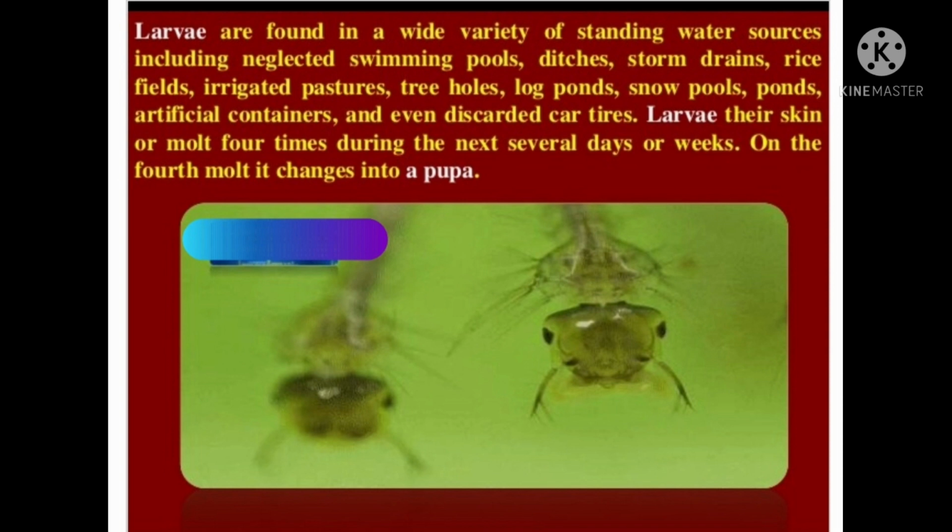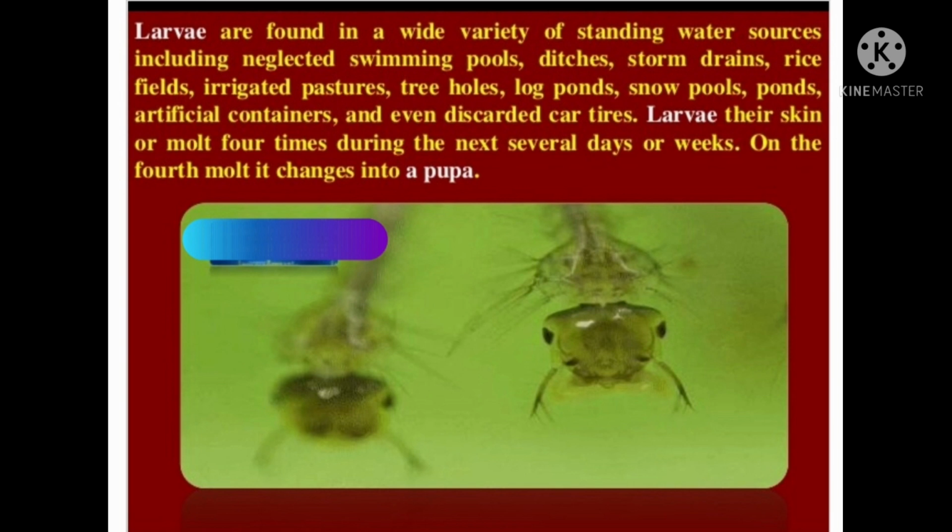Larvae molt, shedding their skin, 4 times during the next several days or weeks. On the 4th molt, it changes into a pupa.